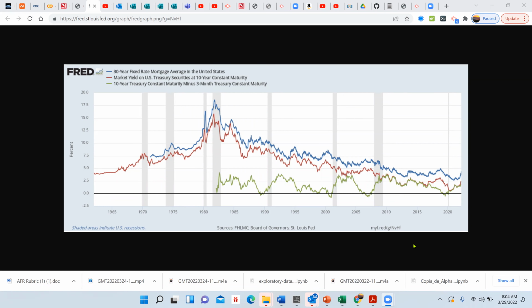Now, to start to understand that a little more, let's look at the interest rates. What's happening to interest rates relative to the recession? Look at that 10-year constant maturity, that red line. Look at the recessions. What do you notice? Any pattern with the 10-year in recessions?